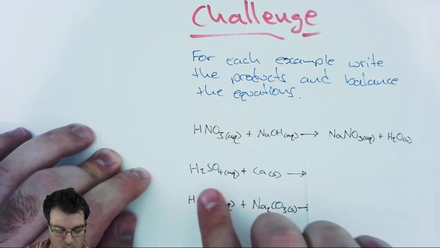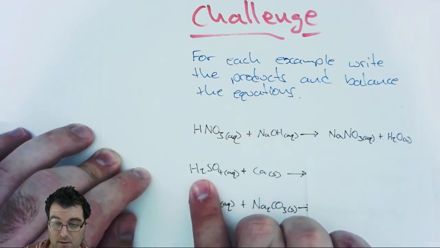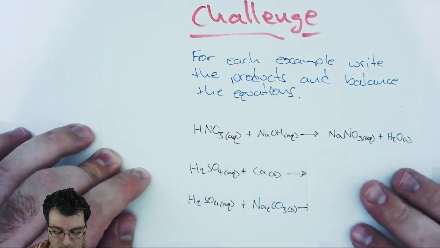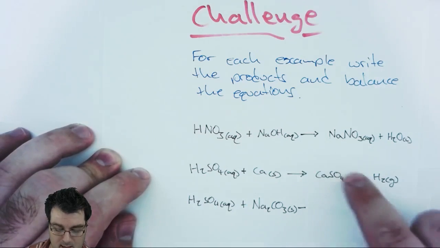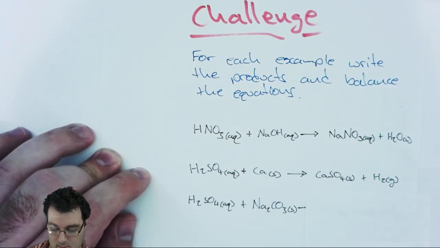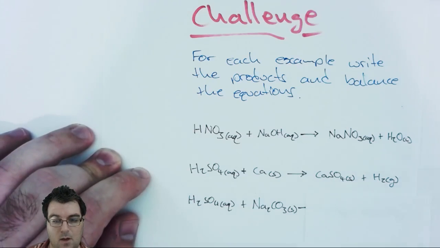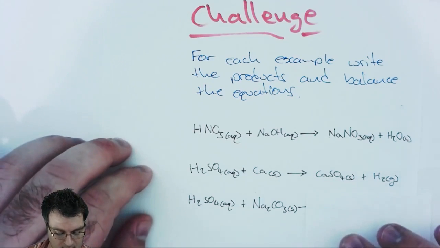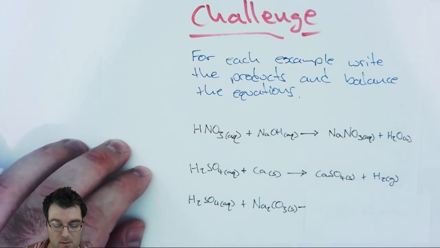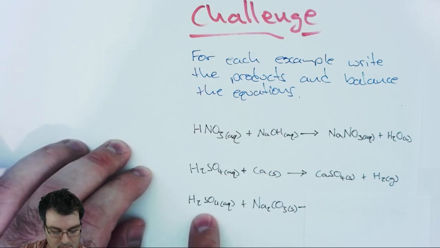Likewise, for our second example, where we have sulfuric acid plus calcium metal, they're going to react together to form calcium sulfate and hydrogen gas.